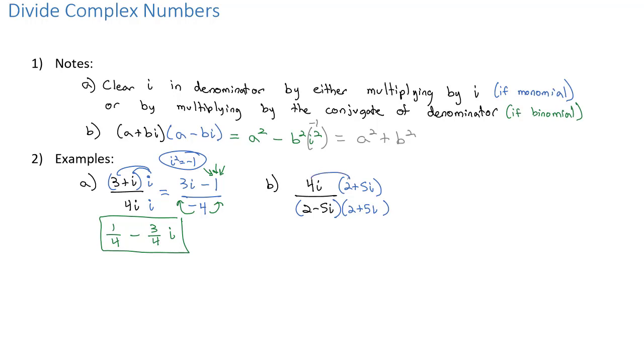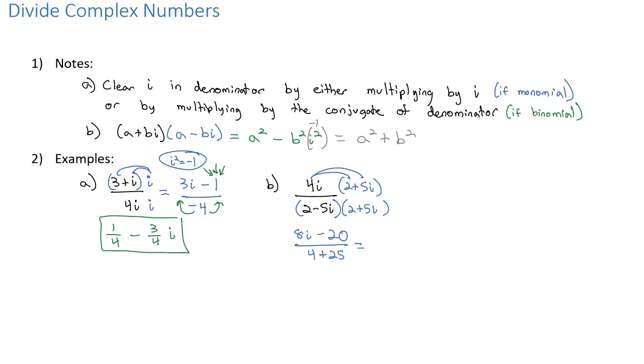When I do, we've got 4i times 2 is 8i. And 4i times 5i is going to be -20, because 4 times 5 is a positive 20, but the i squared changes it to a -1. Over, and here's where we're going to use that shortcut in part B of the notes above, I'm going to square the 2 to get 4, plus square the 5 to get 25.